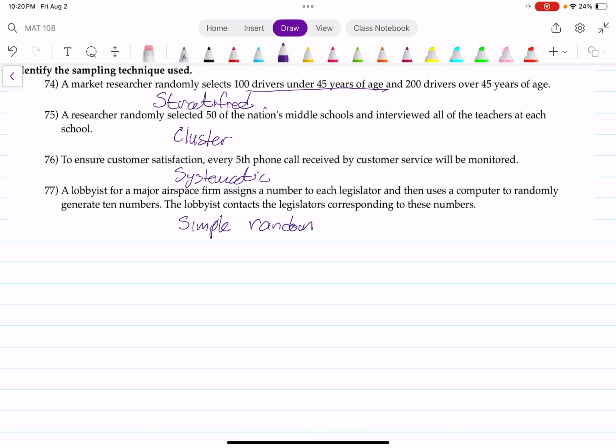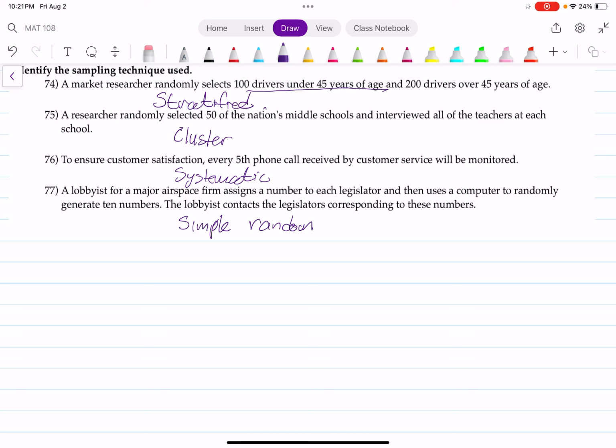The reason why? Every legislator has an equal chance of being selected. We give each of them a number, and then the computer generates at random which 10 are chosen. This is an example of simple random.